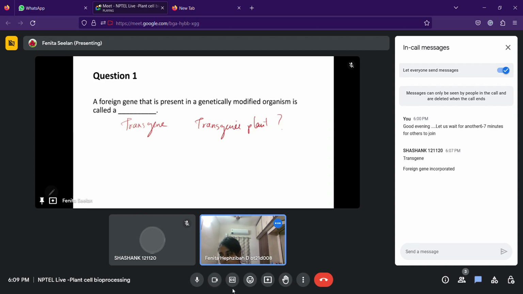You can think about hybridization. It is one way. The other is that you can use any mutagenic agents, both physical and chemical. So mutagenesis you can do.